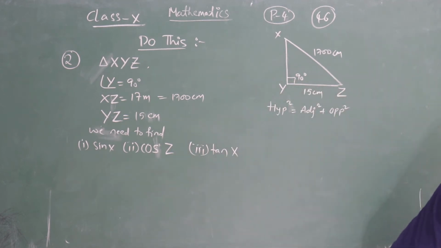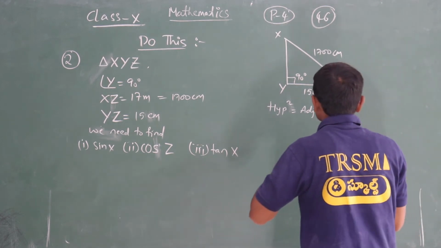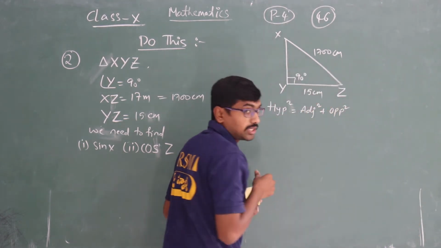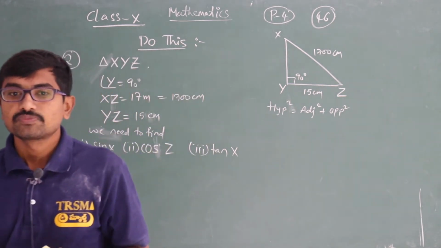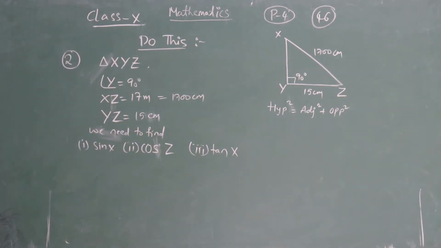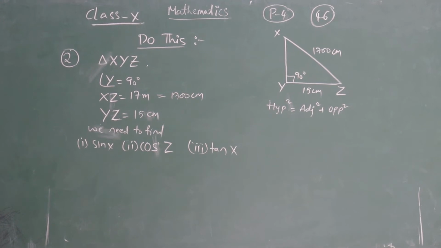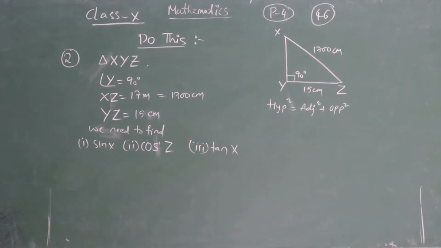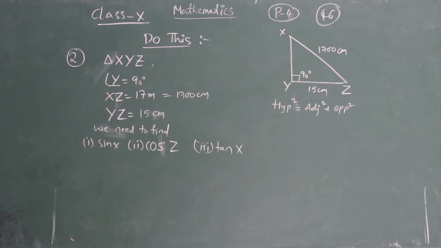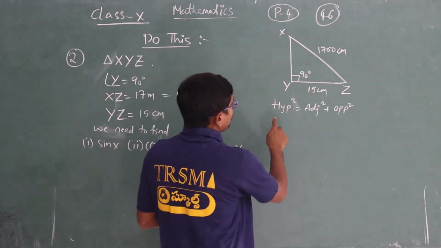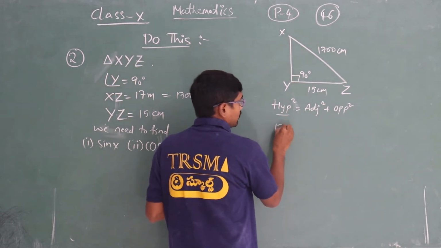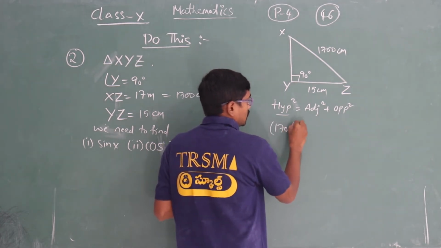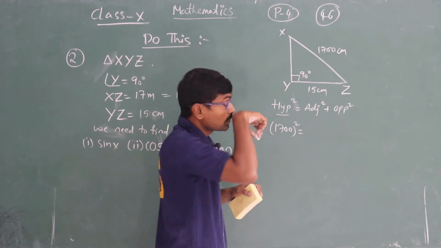Hypotenuse square is equal to adjacent square plus opposite square. The hypotenuse value is given as 1700, so 1700 whole square is equal to adjacent square.